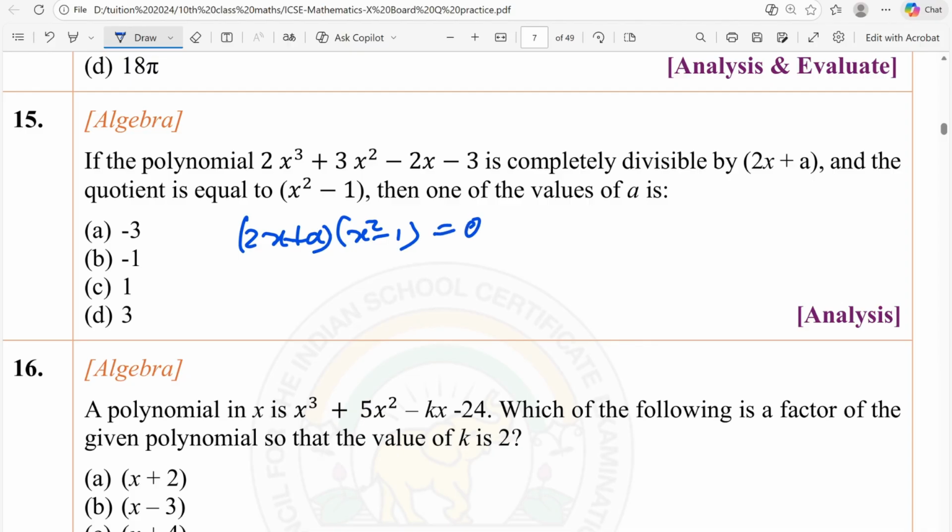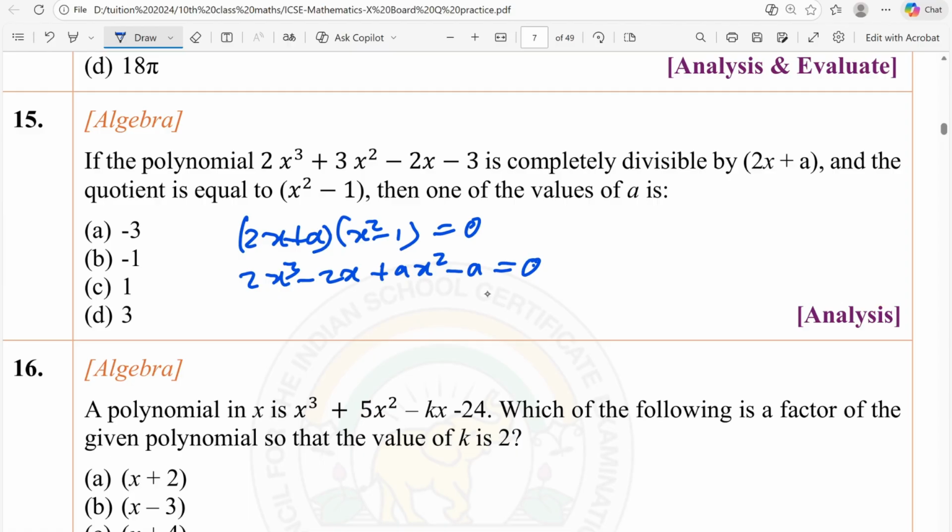Now this is 2x cube minus 2x plus ax square minus a equal to 0.